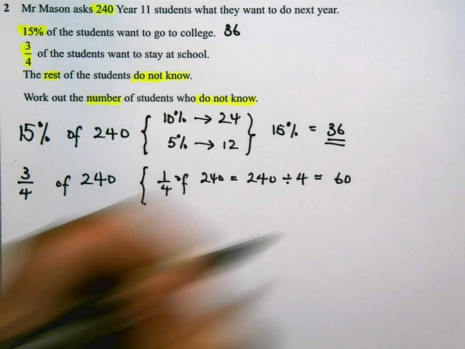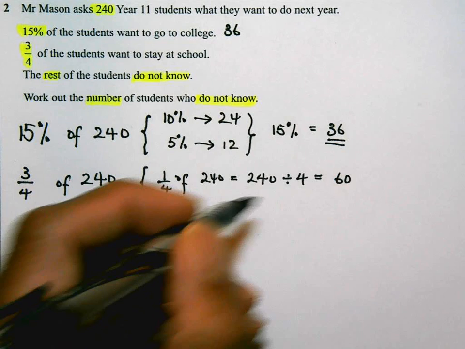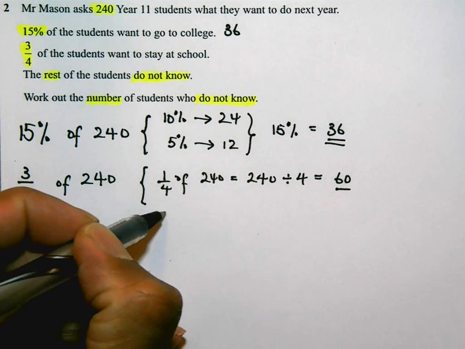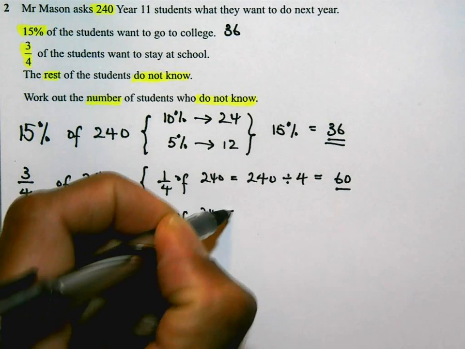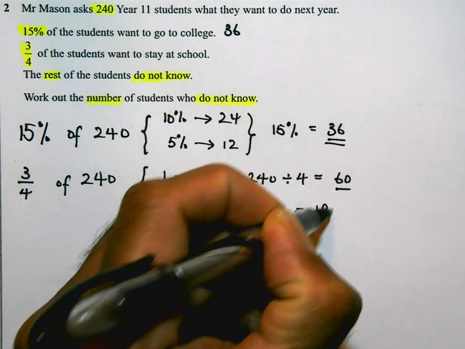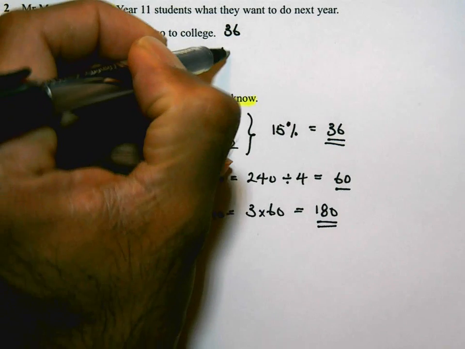So if a quarter of 240 is 60, that means 3/4 of 240 is going to be 3 times 60, which is 180. So what that means is 180 students want to stay on at school.